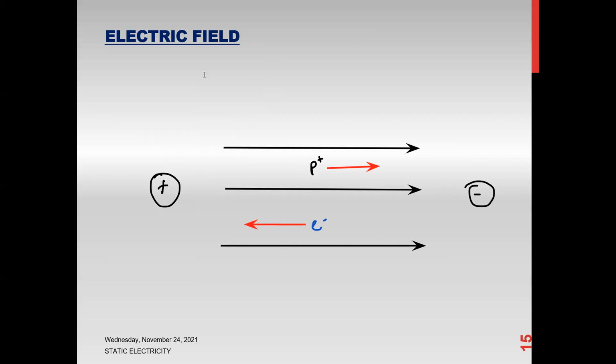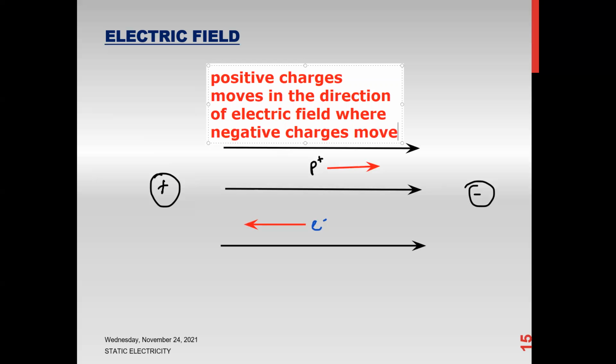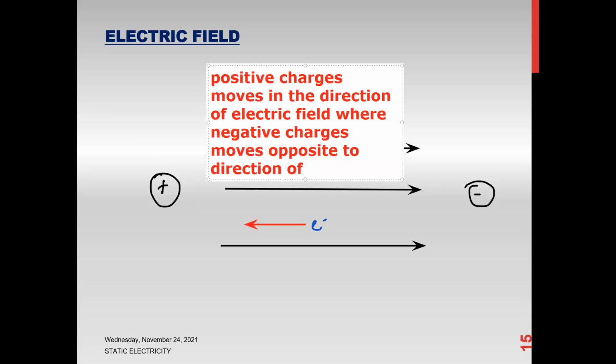So in short, we can say the positive charges move in the direction of electric field, whereas negative charges move opposite to the direction of electric field.